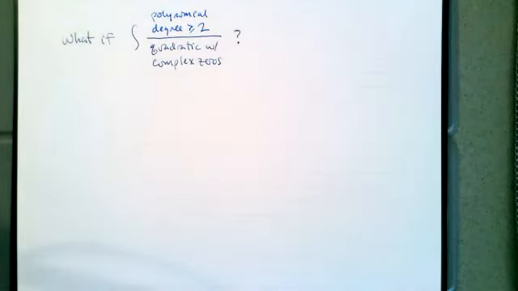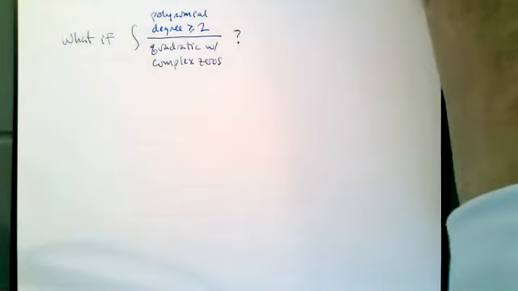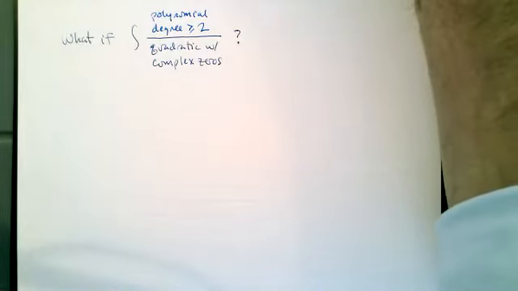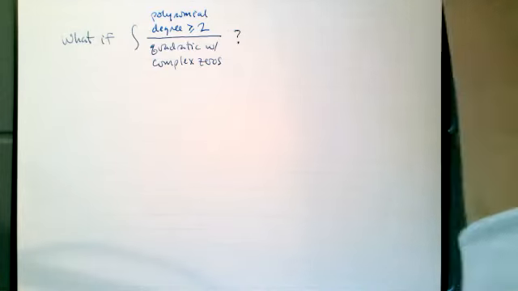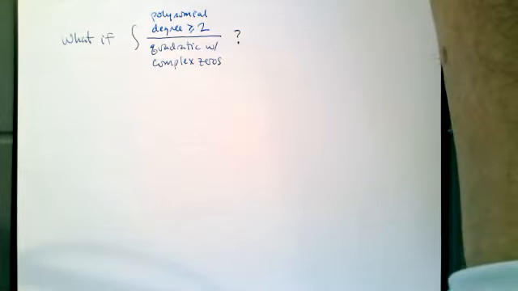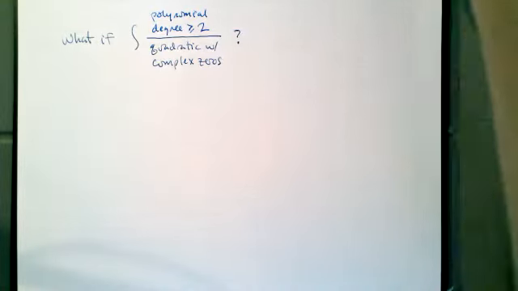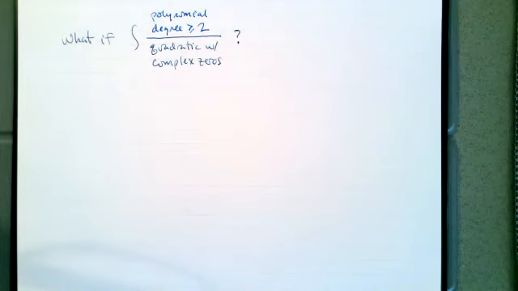So what if we keep the quadratic with complex zeros in the denominator, but the degree of the numerator is greater than 2? All right, so what if that happens?